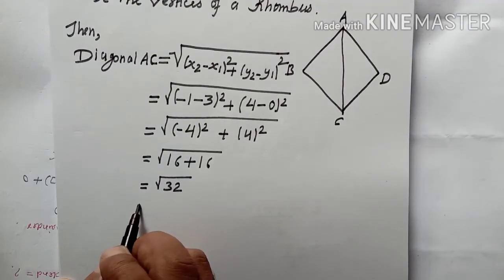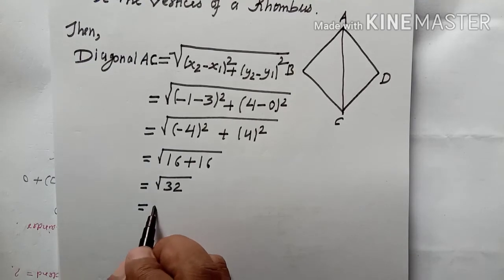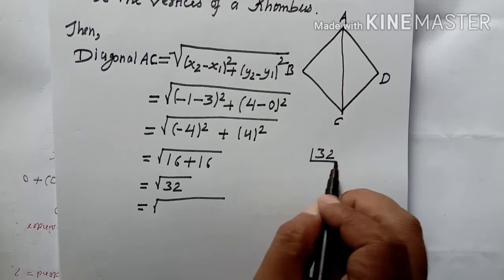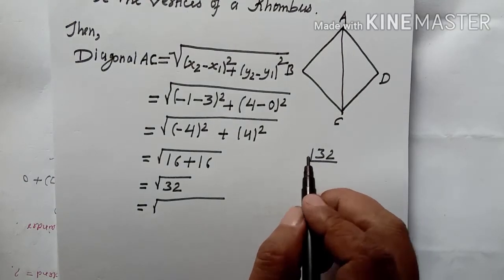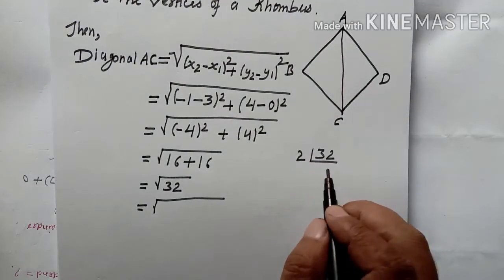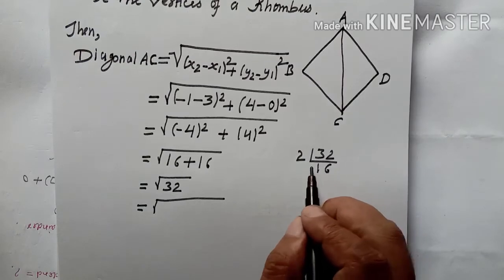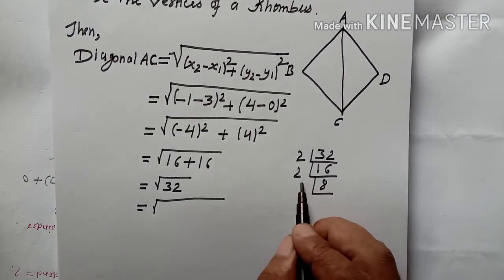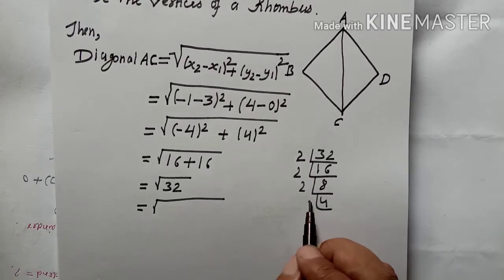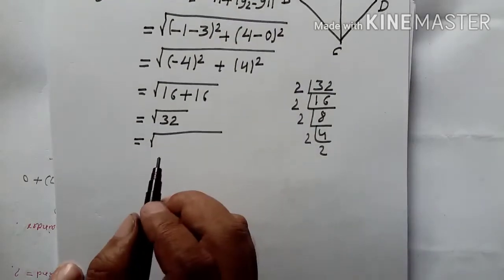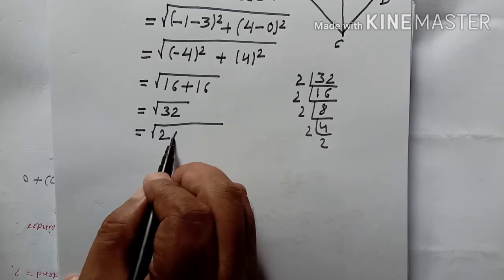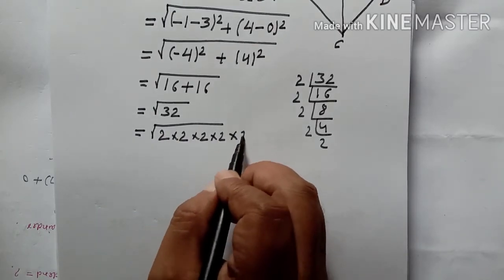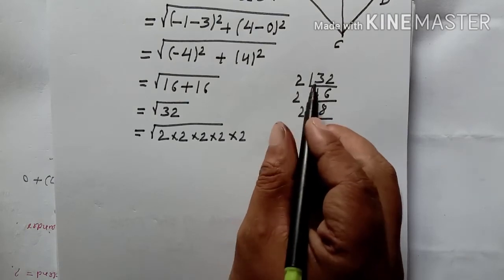Since 32 is not a perfect square, we need to break 32 into the product of its prime factors. So 2 times 16, then 2 times 8, 2 times 4, 2 times 2, which equals 2 into 2 into 2 into 2 into 2, five 2s in all.